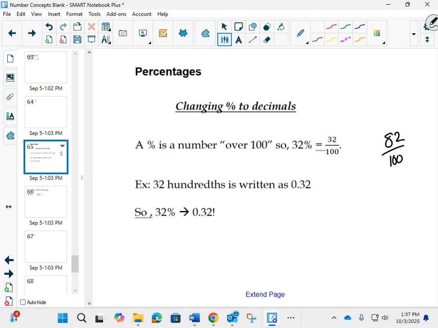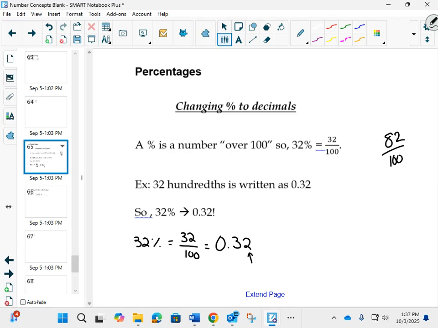So we can always change percentages to decimals that way. Because 32% is equal to 32 over 100, and if something's over 100, this is your tenths spot, this is your hundredths spot.